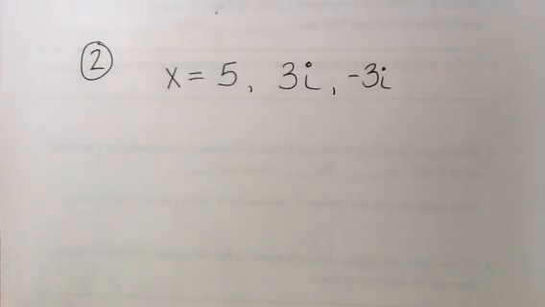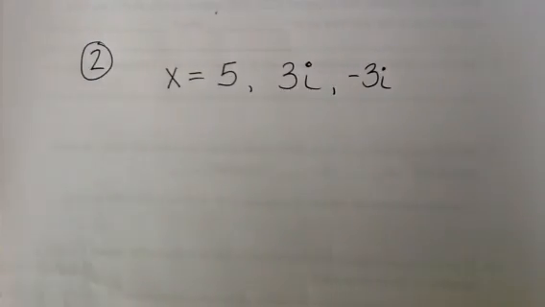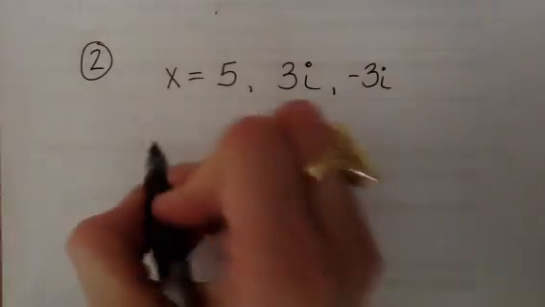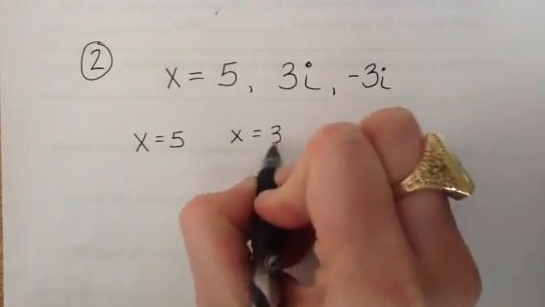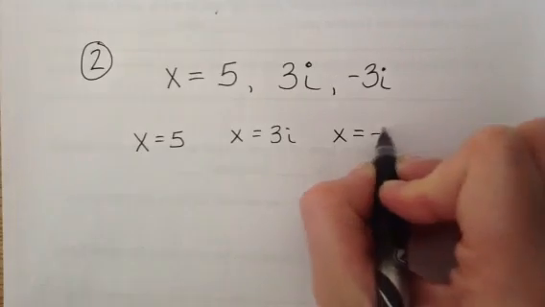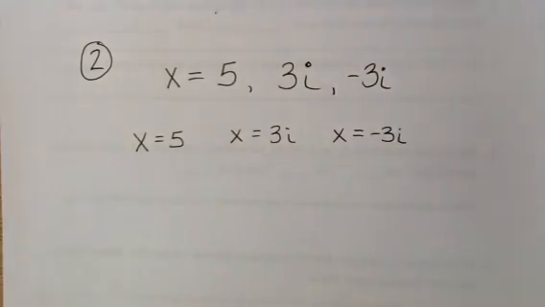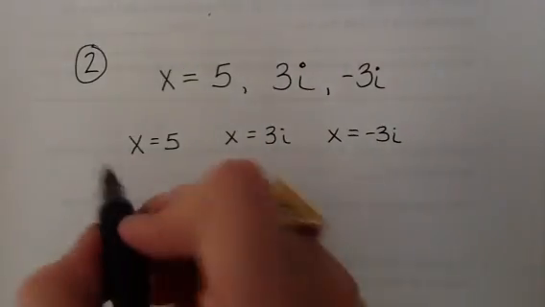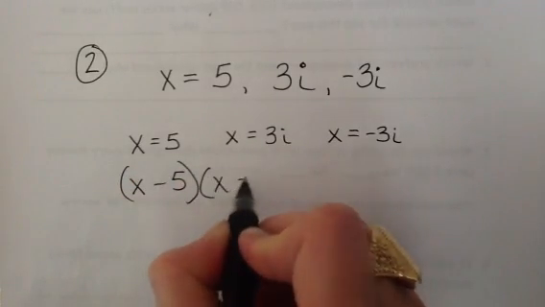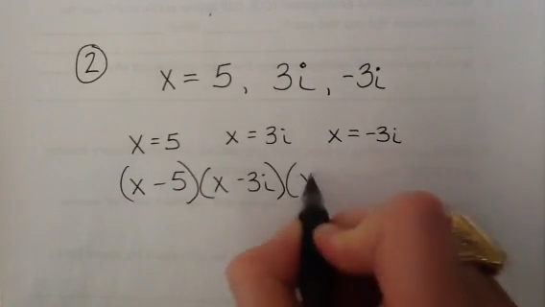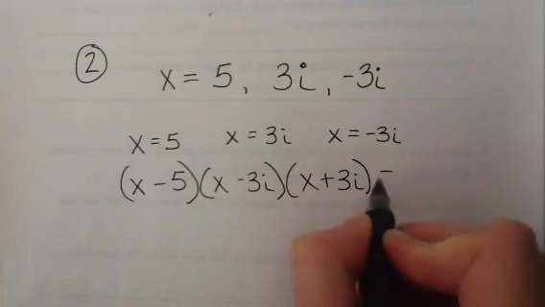So here you'll have to make the assumption for both. So I have x equals 5, x equals 3i, x equals -3i. X minus 5, x minus 3i, x plus 3i equals 0.